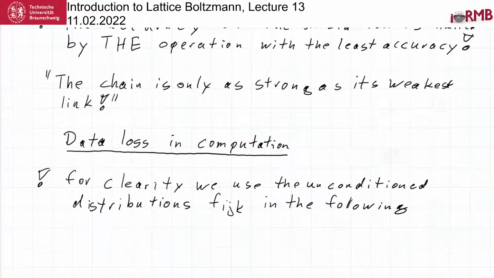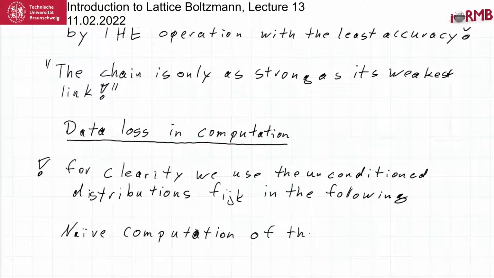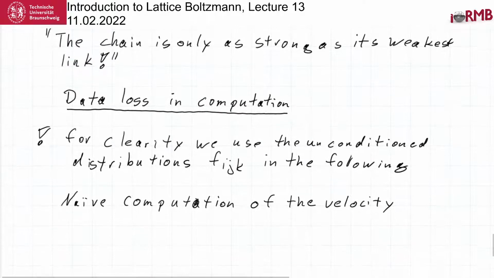So first, how do we compute actually moments? Like, for example, the velocity. Say we have this naive computation of the velocity. Naive in the sense that you simply compute the velocity the way it is defined.